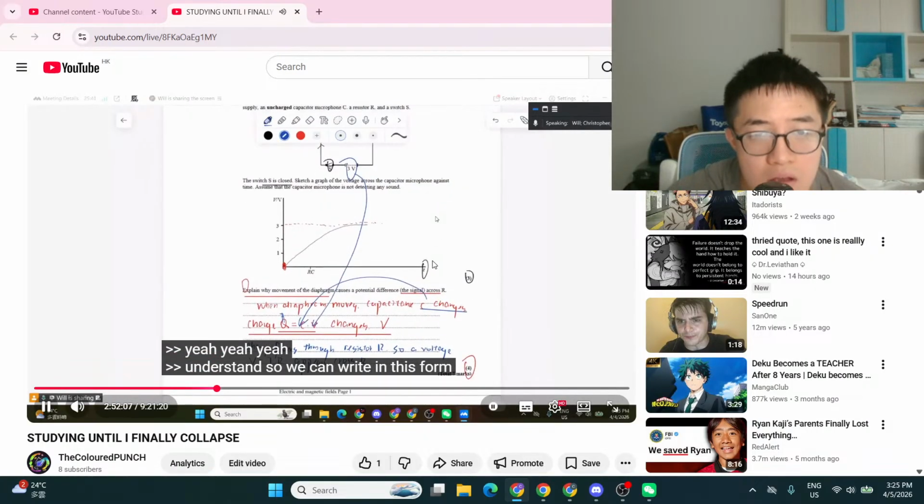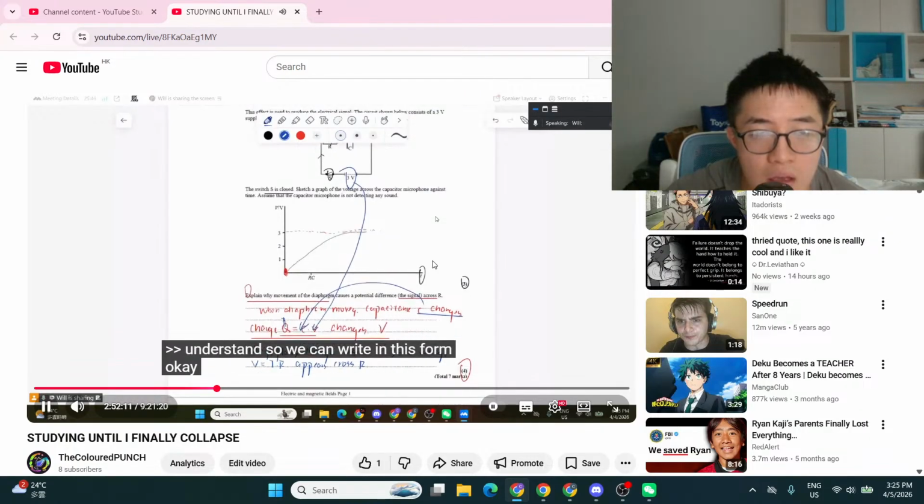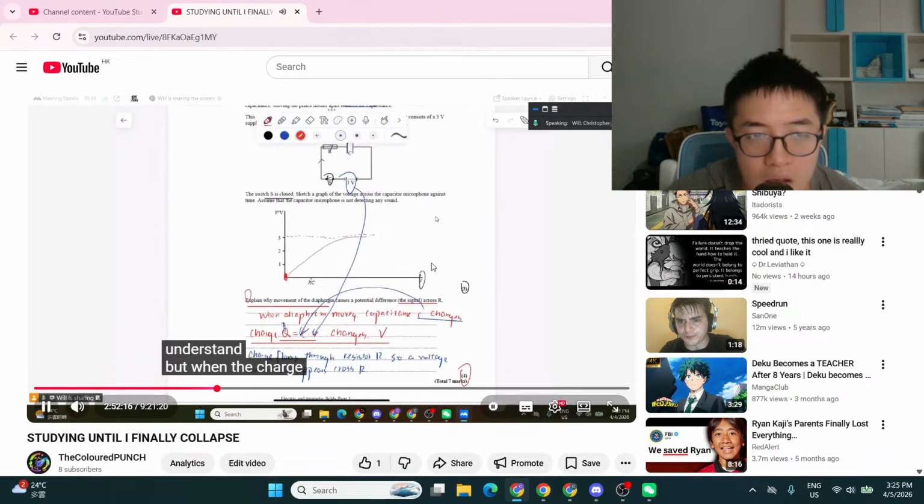So we can write it in this form. Understand now? But when the charge changes, how does it change?